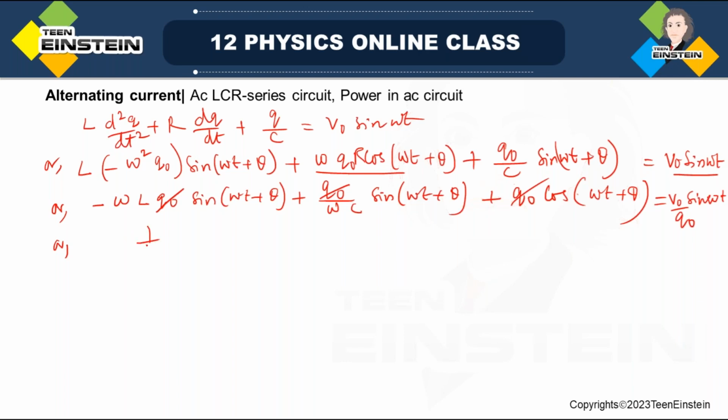I get 1 over omega c minus omega L, whole into sine of omega t plus theta, plus R times cos of omega t plus theta.